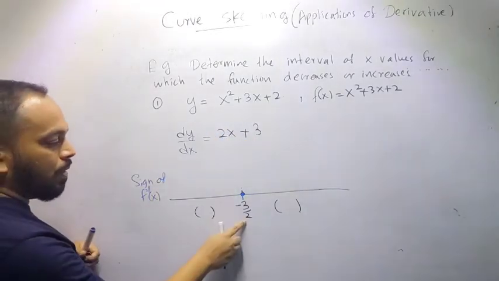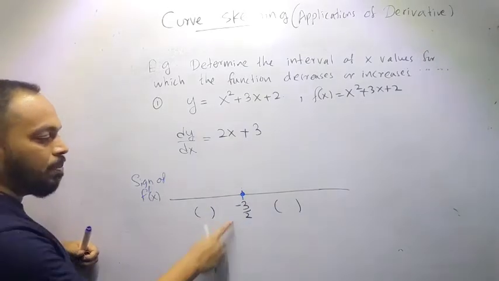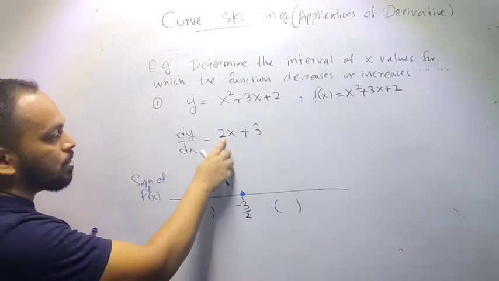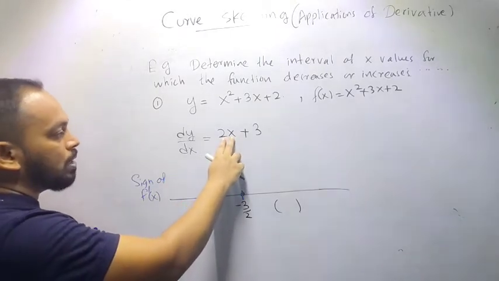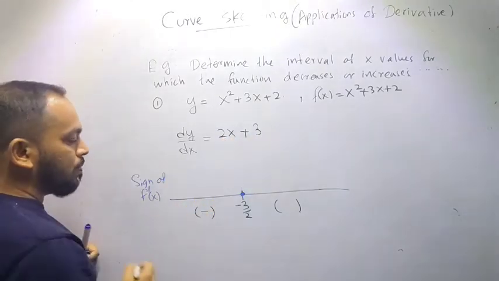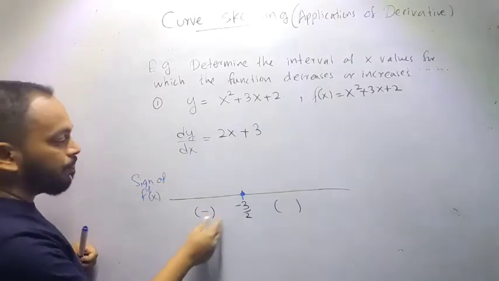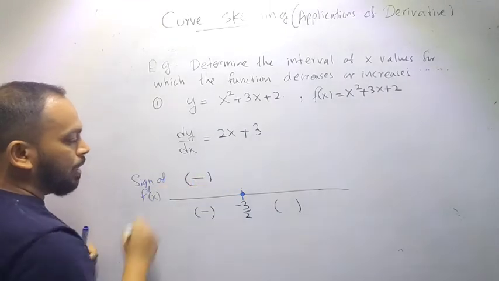Anything less than that, let's say minus 2. Minus 2 is less than this. So that gives me minus 2 times 2, minus 4. Minus 4 plus 3 is minus. Sometimes if you have 2 factors, then you need to work it out here. So our result would be negative.